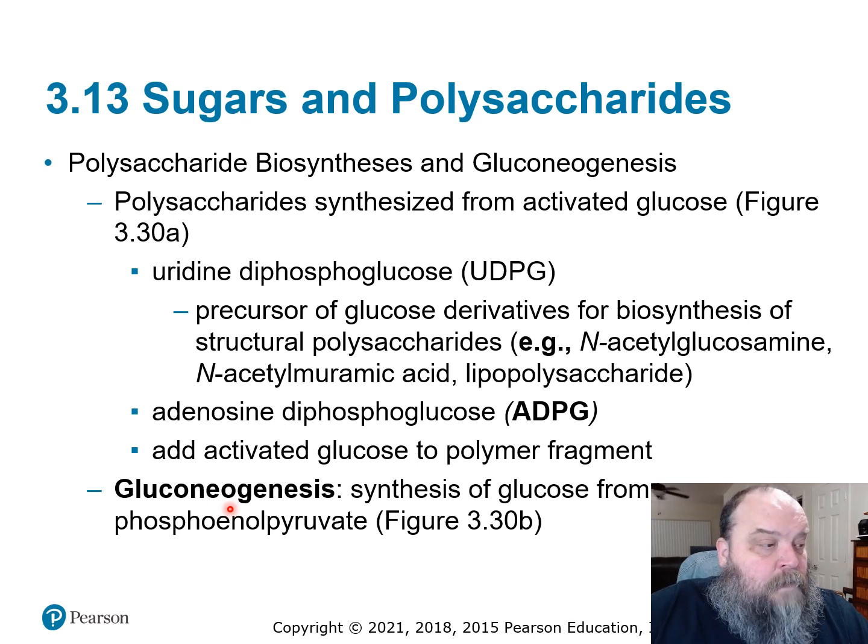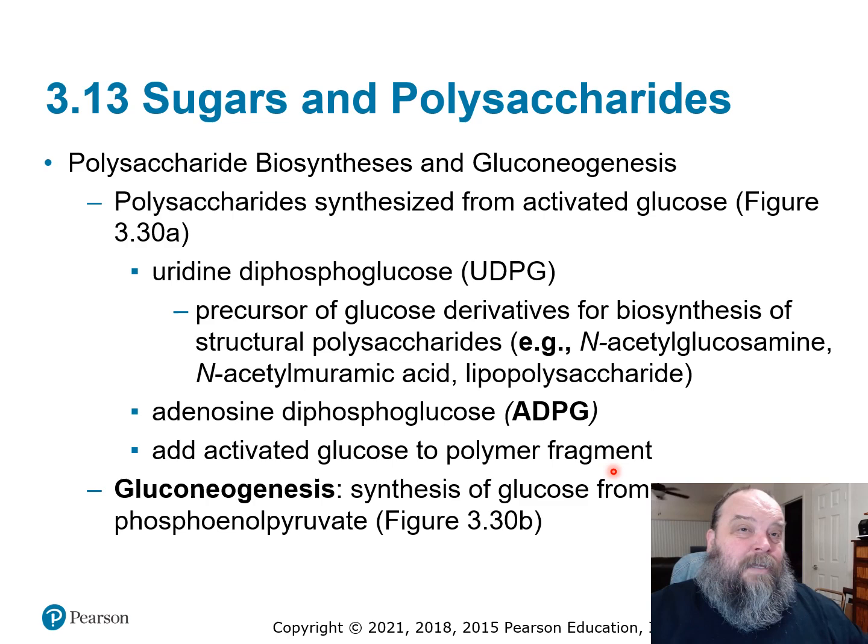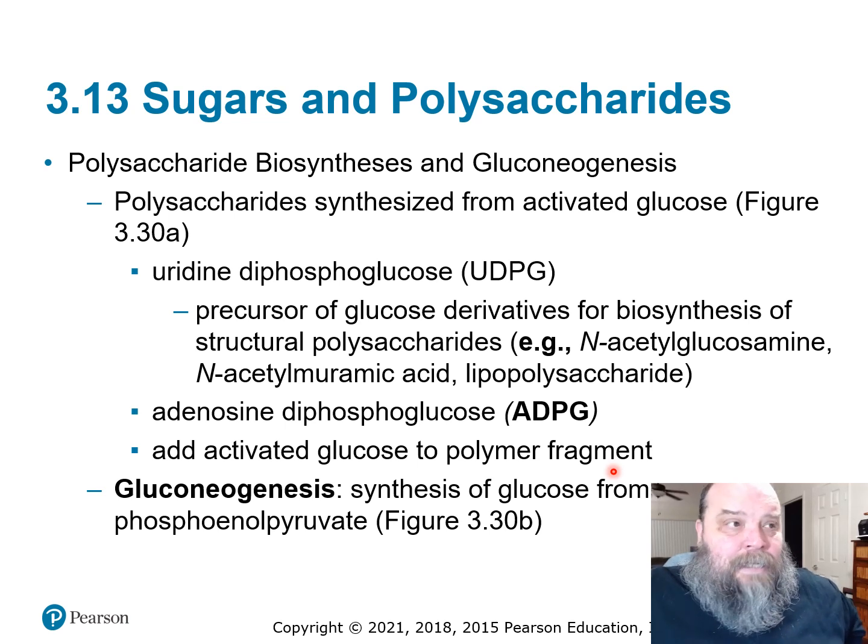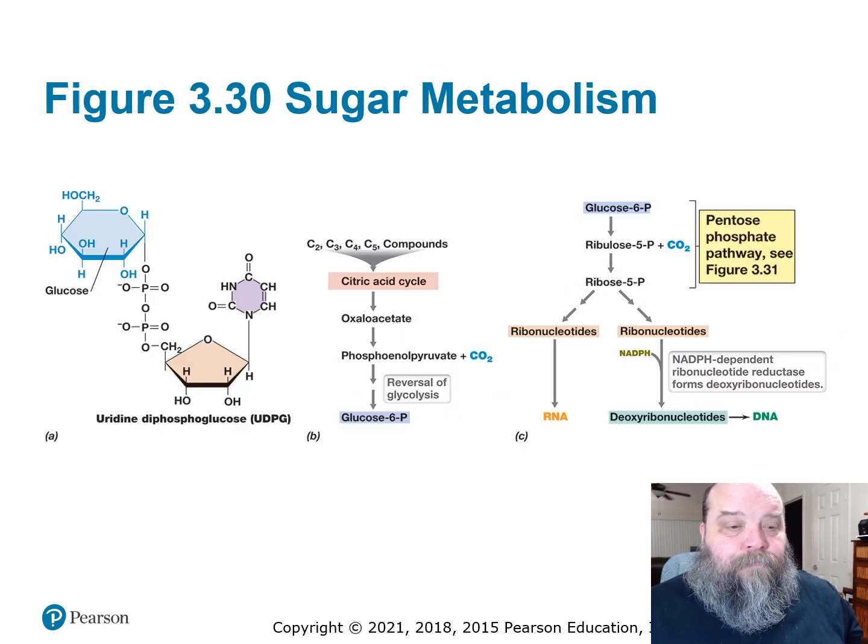It's starting off with something that is not a 6-carbon sugar and building it back up. They're literally reversing glycolysis to an extent, taking pyruvates, taking acetate, taking other things, oxaloacetate, and working in reverse to build things back up, to reverse the catabolic reactions of glycolysis.